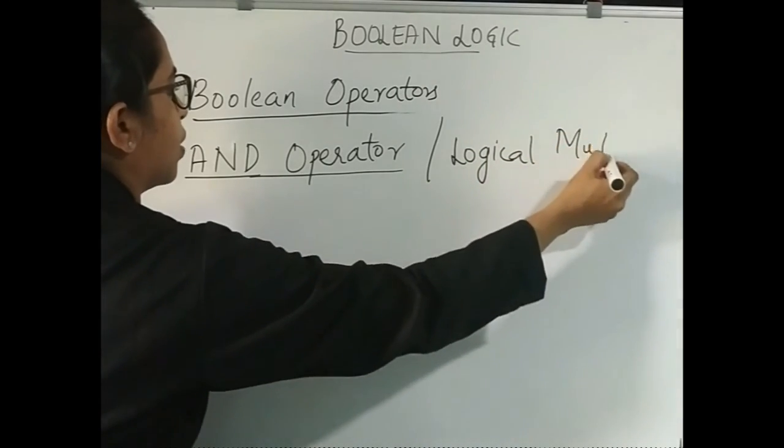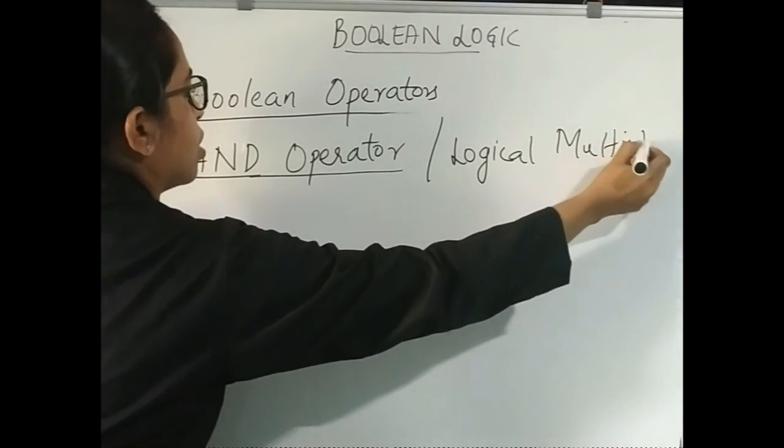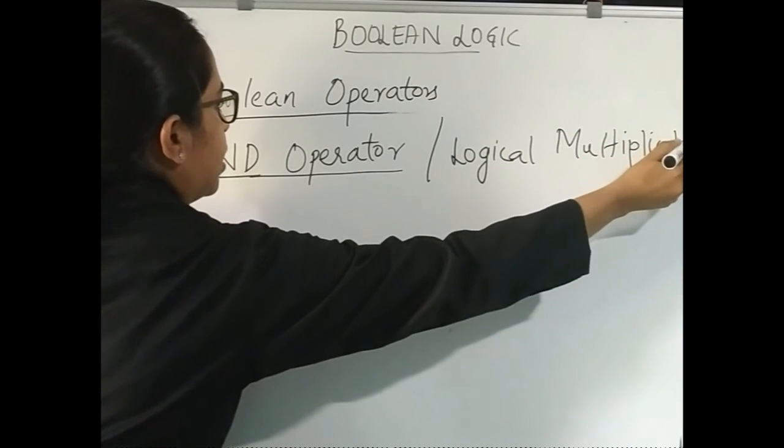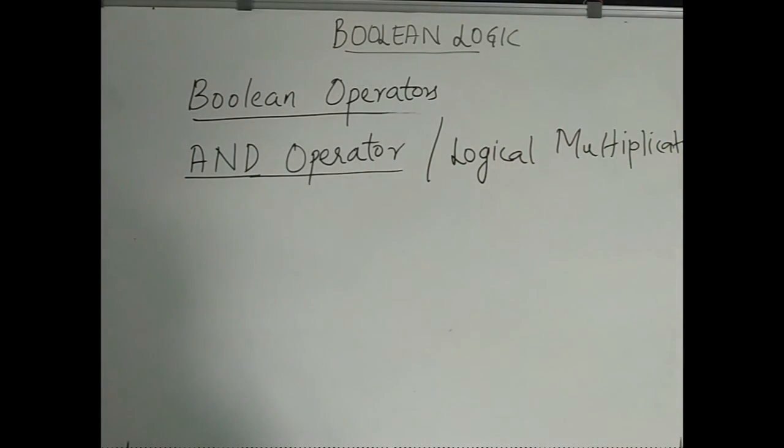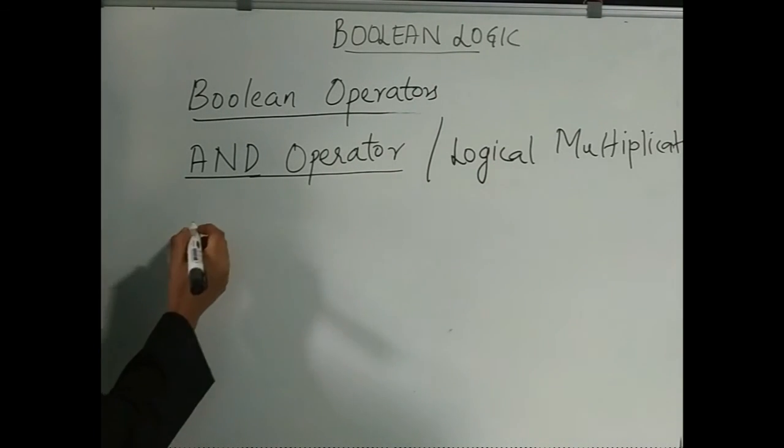This is not the regular maths multiplication. It is called logical multiplication. Now for each operator, we can create a truth table. I'll explain how we can make the truth table.